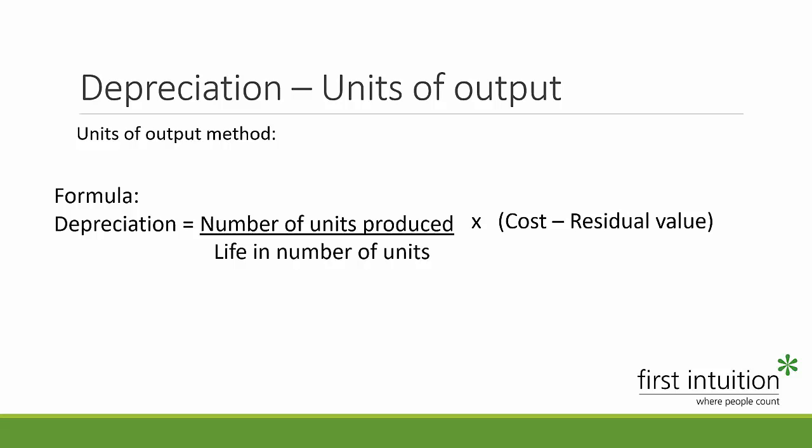That is the life in number of units that we'll be focusing on. And then we're going to simply multiply that figure against the sum, which will be the cost less your residual value. So this is the one which, like I said, is really not covered, but it can come up. So I encourage you to take reference of the formula.